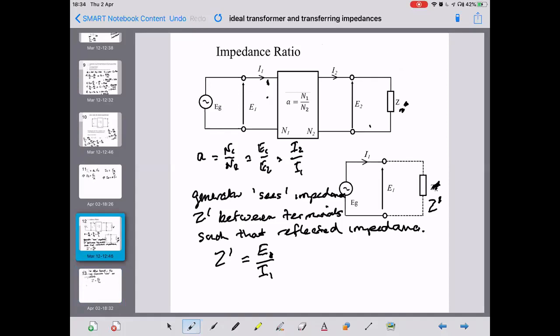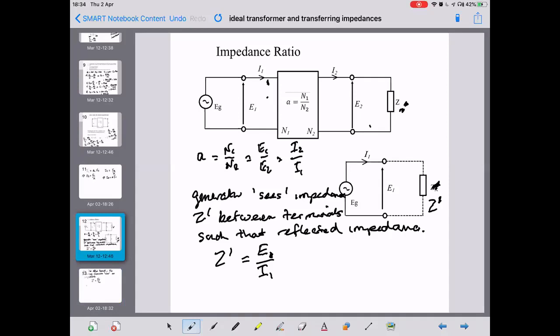Hang on, so Z dash is what the primary terminals see. On the secondary side, you call that just Z, with no dash. Is that what you're saying? Yes. So you're connected at an impedance of Z, and because of the application of the transformer ratio, the generator thinks it's got an impedance of Z dash connected.